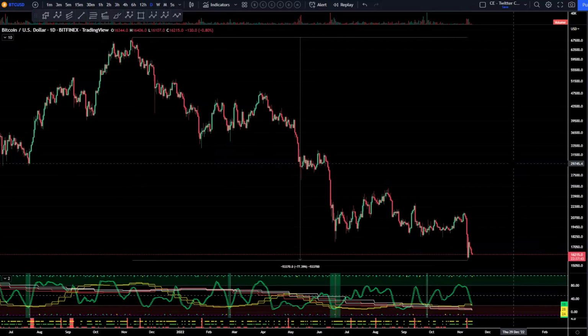But I believe that these are to be seen as longer term plays, right? When I say nibble, I'm talking about, as an example, let's say you have $1,000. I would put like $100 at a time, because you don't want to go all in.